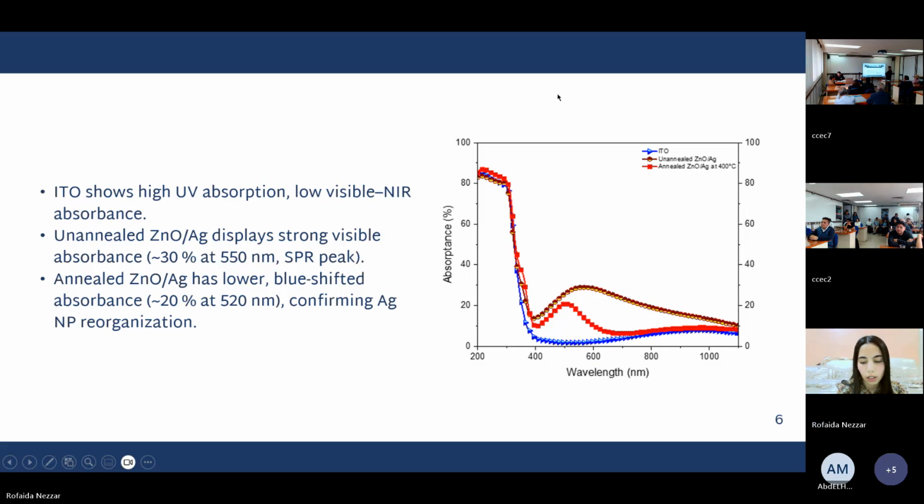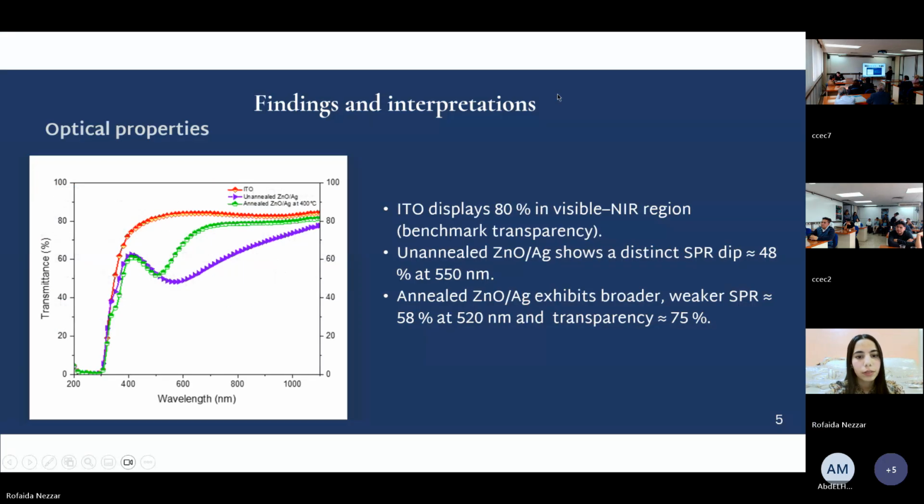Yeah. Oh, transmittance. Okay. And you see that in the visible region, you have a very small transmittance compared with the ITO. Yeah. And even though you have similar average values, you don't have the adequate properties for applying them to solar cells.